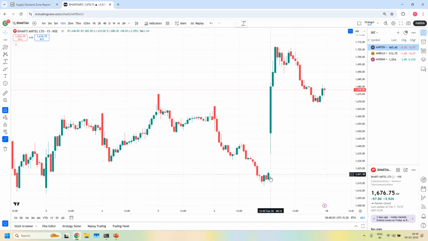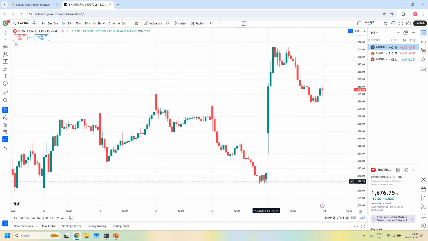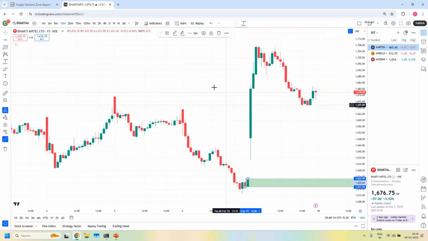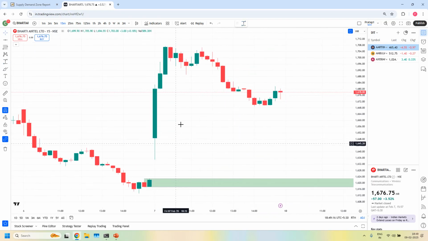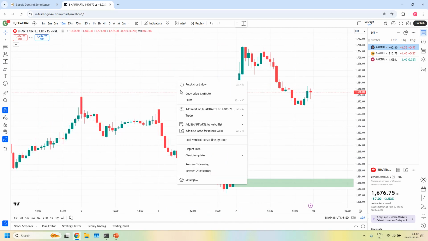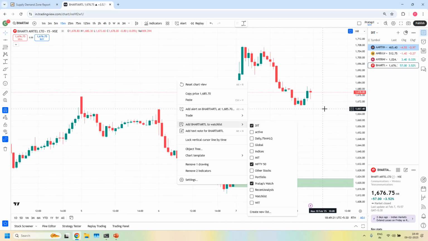This is the one rally, 2 base candles and a rally. Okay, so let me add this into our checklist.